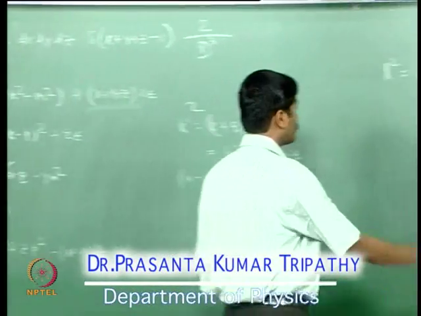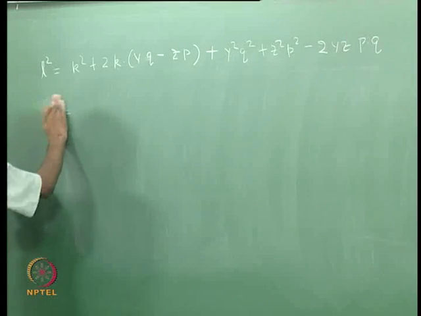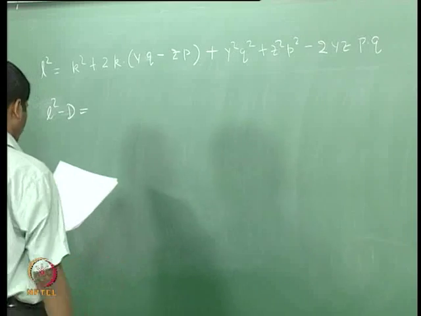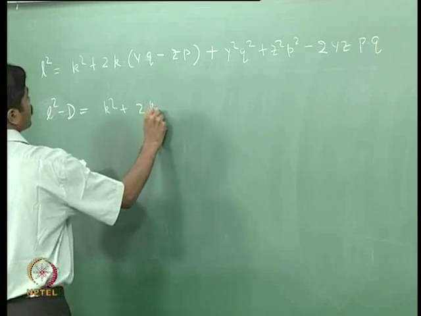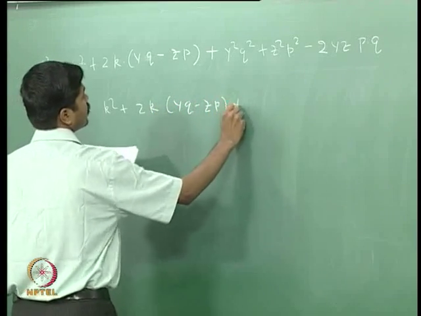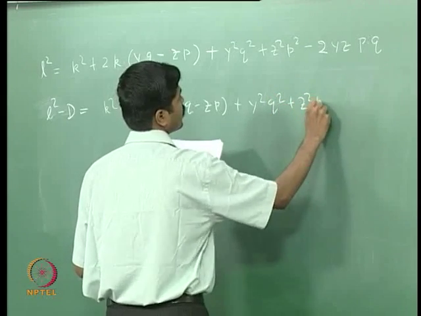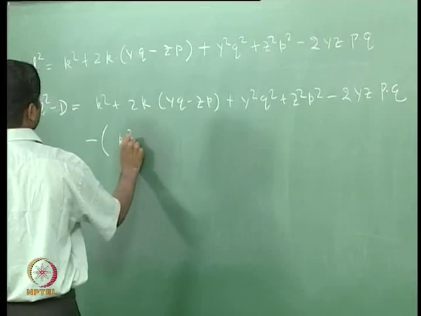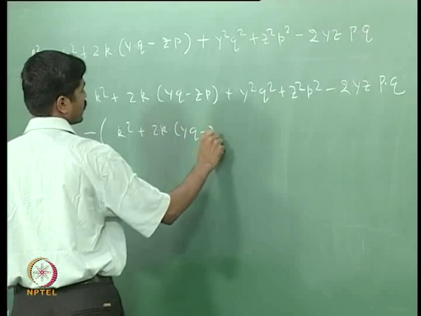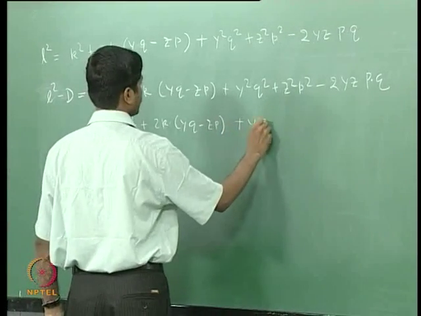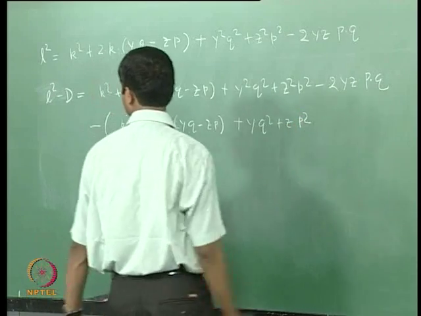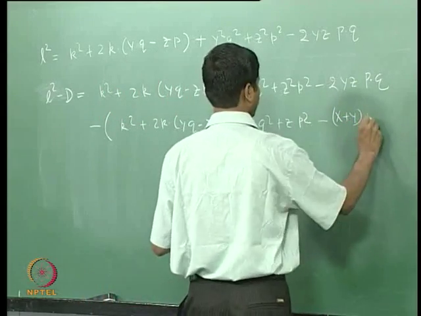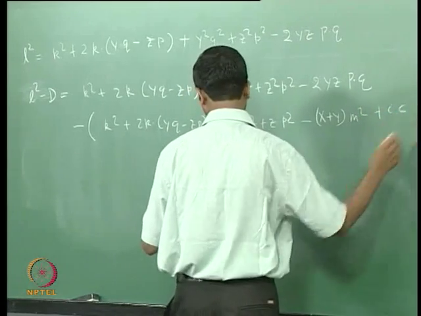Therefore, L square minus d is just this quantity minus the quantity that I have there: minus k square plus 2 k dot y q minus z p plus y q square plus z p square minus x plus y m square plus i epsilon.